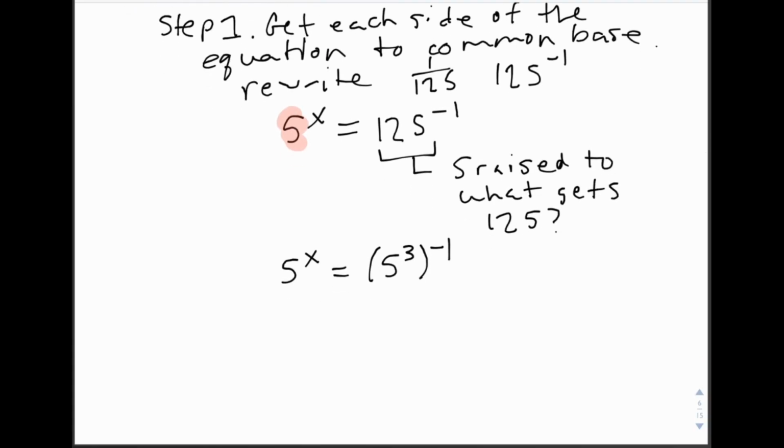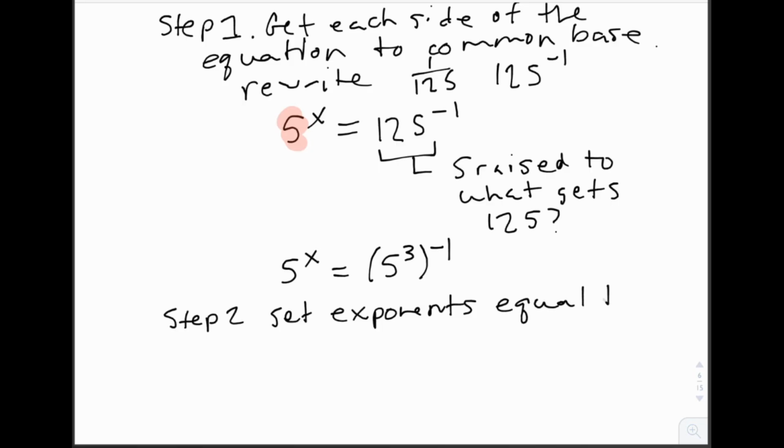With step number 2, what we want to do is set our exponents equal to each other because of our property B. So step 2, set exponents equal to each other.